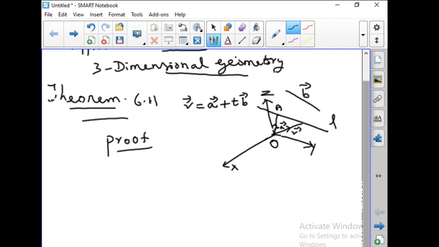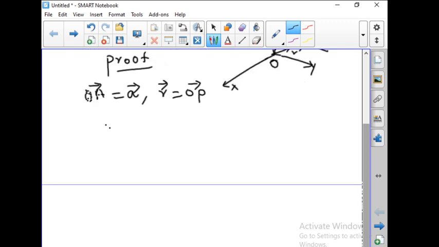The vector a is the position vector of the point A, so OA is equal to a, and the vector r is the position vector of the arbitrary point P on the straight line, so r is OP. Then what about the vector AP?